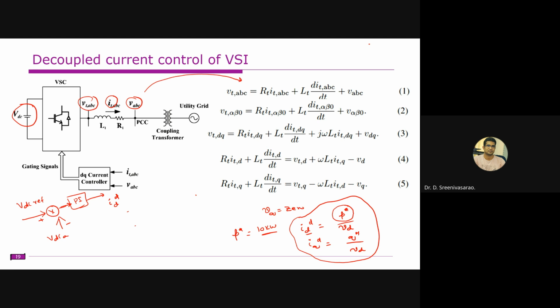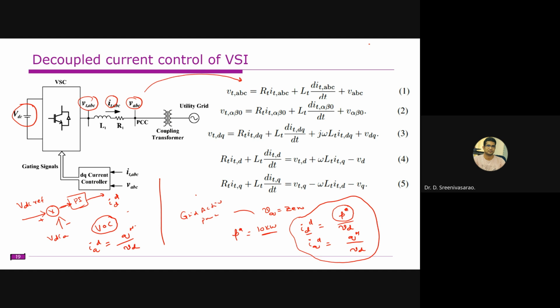So this one is known as voltage oriented control, VOC. Whereas this one is known as grid active and reactive power control, or grid power control, GPC or GARPC. Here the objective is to maintain the DC link voltage. At the same time, if you want to control the reactive power, this IQ star will be equal to Q star divided by VD.